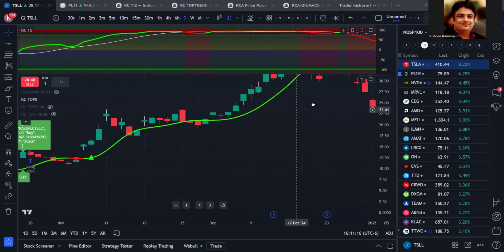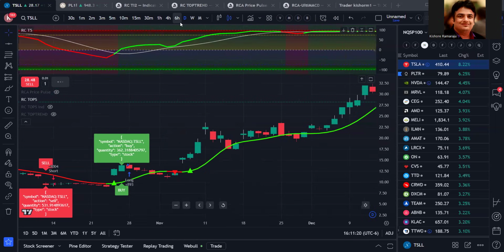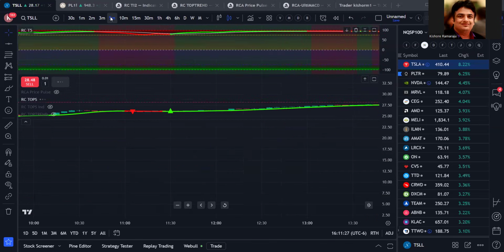If you're an investor, you use it on a daily or weekly time frame. If you are a day trader or scalper, you can use it on a 5 minute time frame.